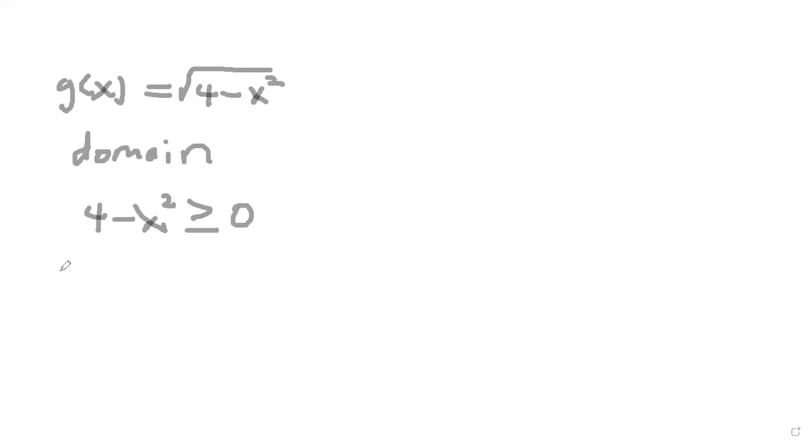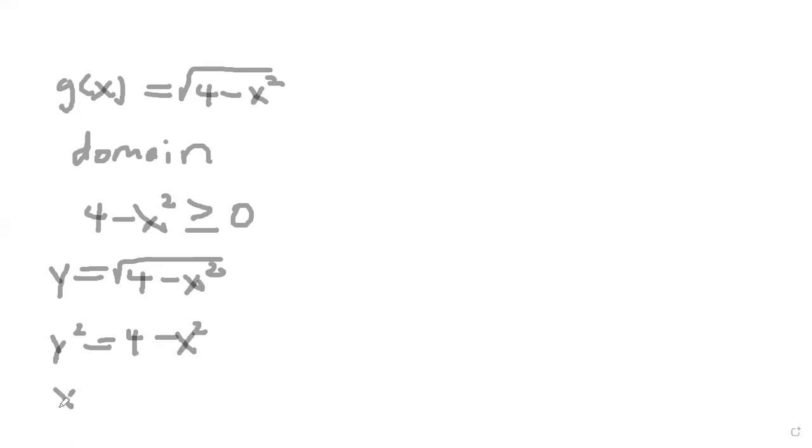Theoretically, you can make g of x equal y, so y equals the square root of 4 minus x squared. Take the square of both sides: y squared equals 4 minus x squared.